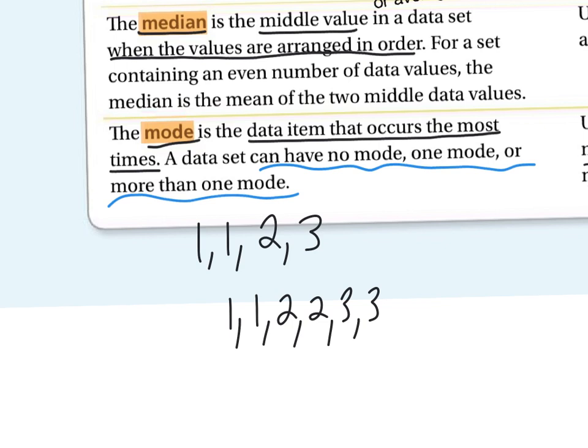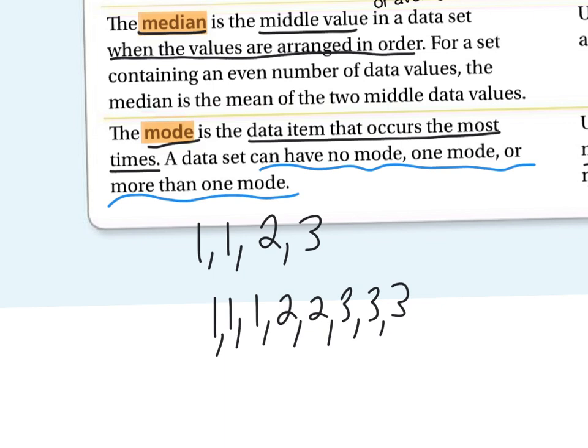We can't just say if something happens more than once, it's the mode. We could even have this. If we add a 3 on, now 3's the mode, okay? Or we add another 1 on, now 1 and 3 are the modes, okay? If they happen more often than something else, if there's something that happens less often than them, and they happen the most often, then that's where they are called the mode.